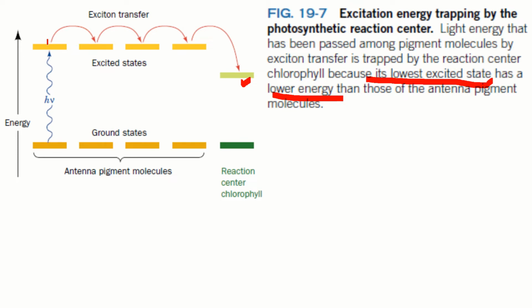You see, the pigment molecules are at a higher energy level when they are excited, and the reaction center chlorophyll, when excited, is at a higher energy level than at the ground level. But in the excited state, the reaction center chlorophyll is at a lower energy level compared with the energy level of the excited antenna pigment molecules.